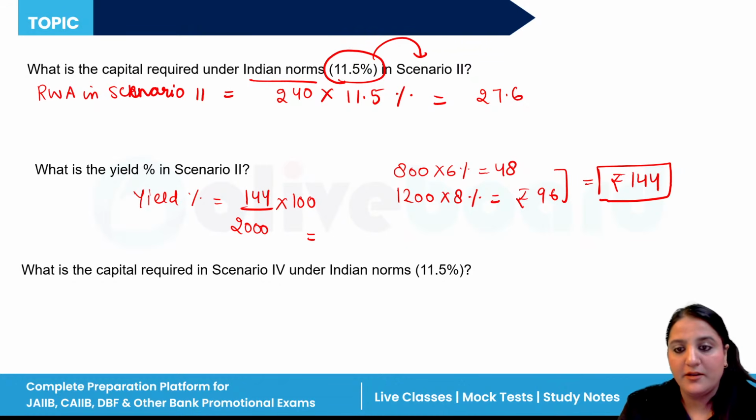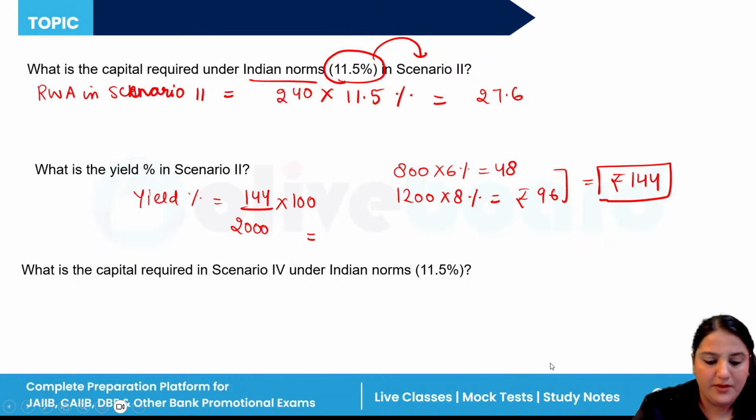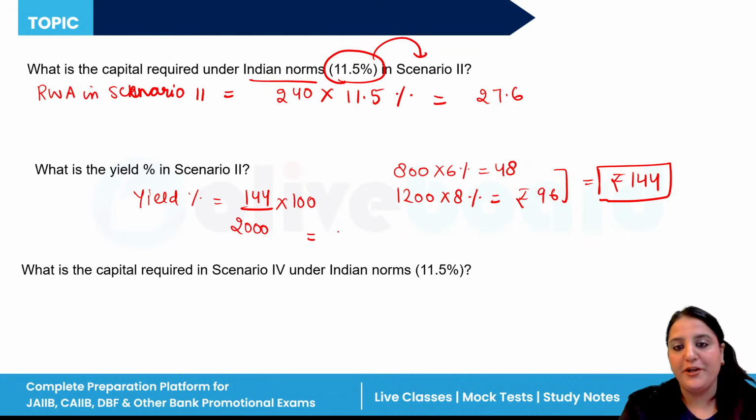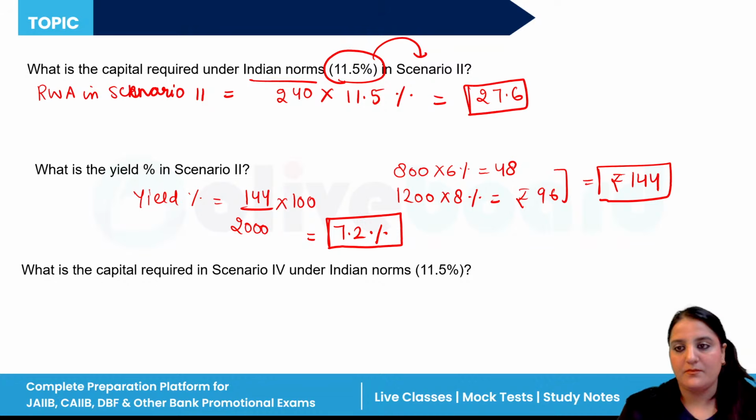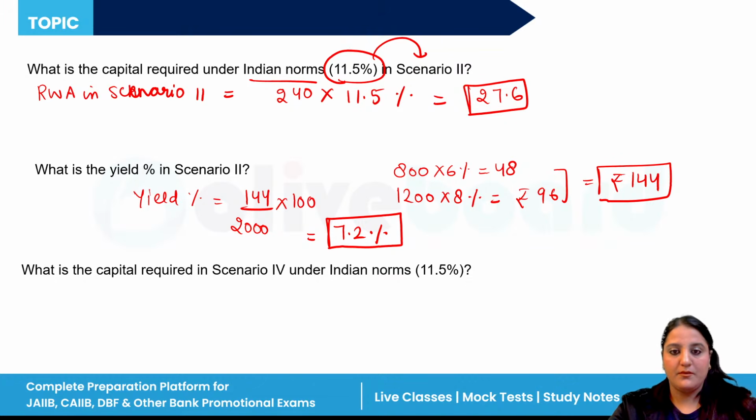Here we got 7.2%. This is the answer, 7.2%. Getting it?